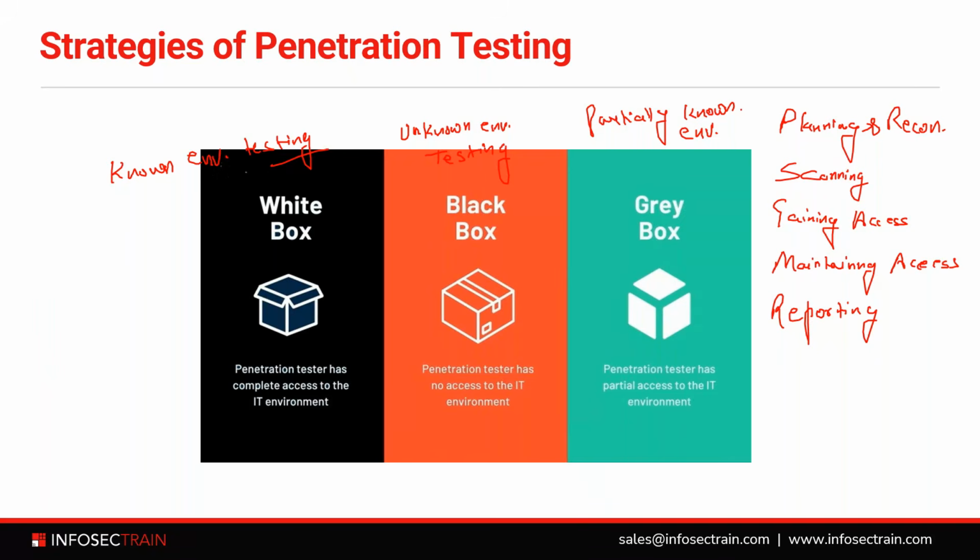Some information you already have, and some information you'll have to gather. Then you will use that information to find out the vulnerabilities and exploit them. Yes. So these are the three strategies of pen testing.